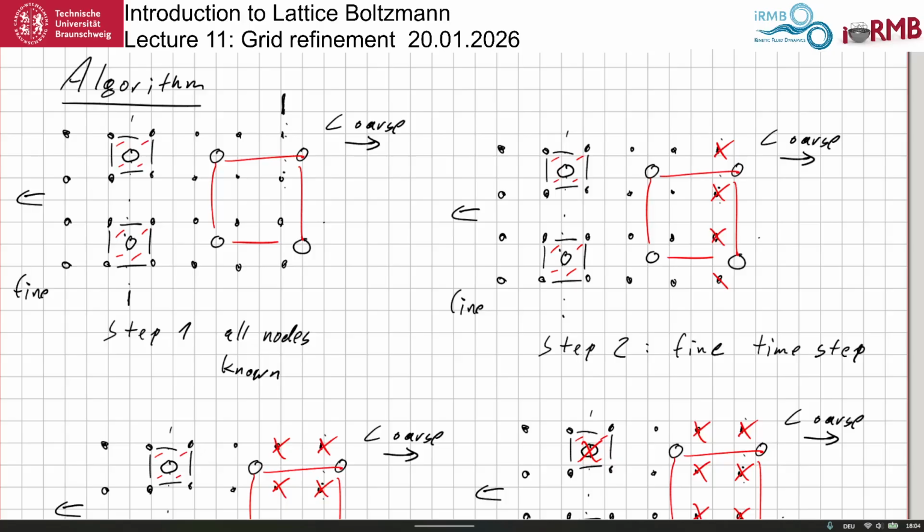So we need to have this overlap, and we identify this cell here by this corner. So you see that this would be 1, 2, 3, 4, 5 from the boundary.